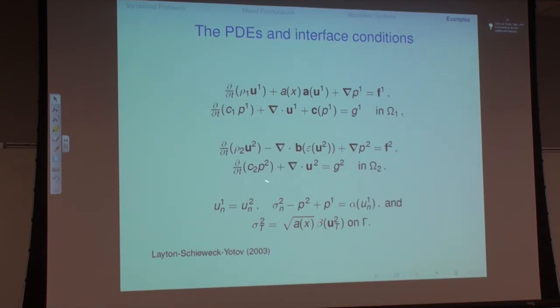So again, rho 2 and C2 are required to be bigger than or equal to 0. So I match up normal velocities, I match up normal stresses, I match up tangential stresses, and those are my three conditions on the boundary, which are the natural ones.